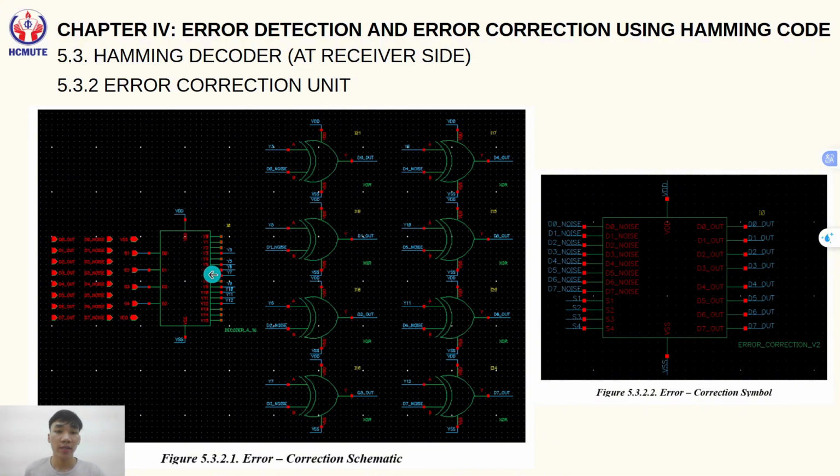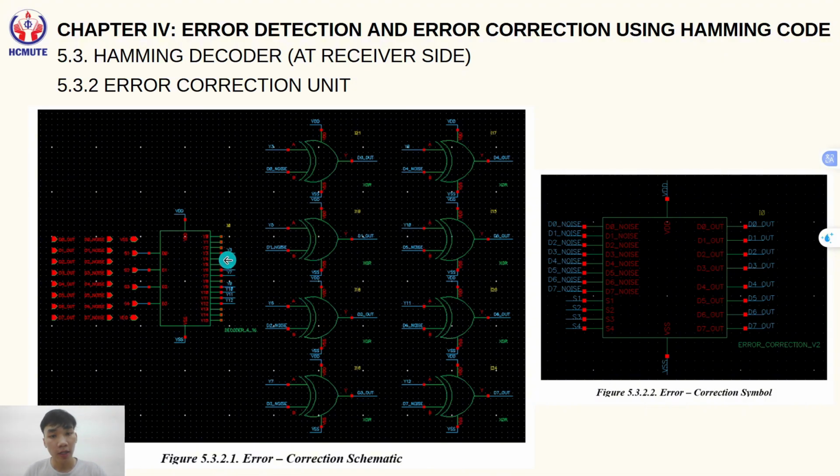And the error correction unit circuit consists of two main blocks. The first block is the 4 to 16 decoder. This block decodes the 4-bit syndrome into 16 control lines, but in this design, only 8 outputs are used to control error correction for the corresponding 8 data bits.